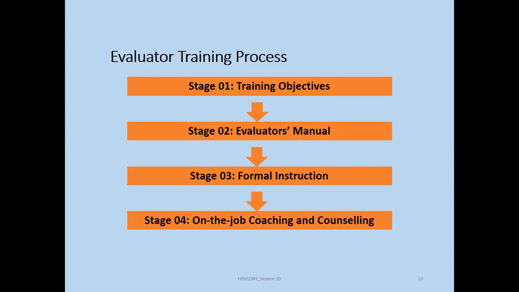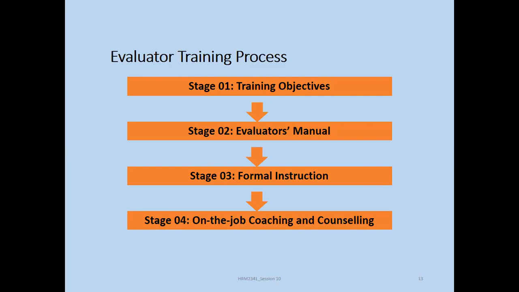There are 5 methods we will discuss: lecture method, case study method, role playing method, program instruction method, and special course method. Then now we move to the evaluator training process.